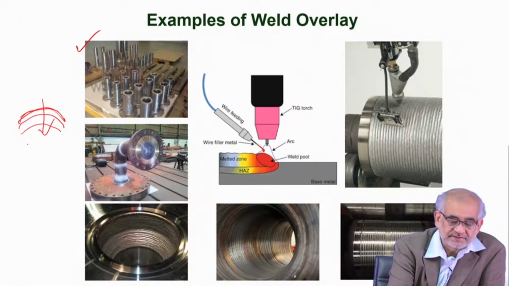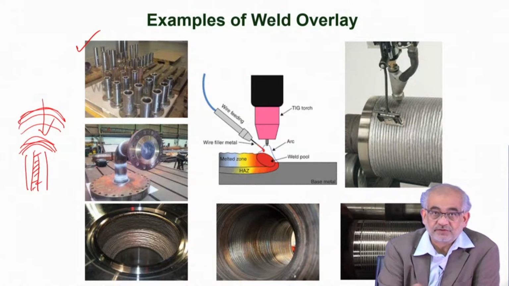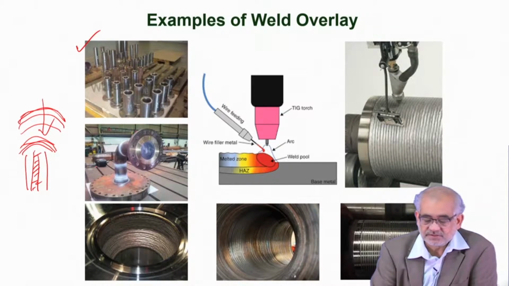So, you would rather do it in such a way that if this is the first layer, the second layer will have a certain amount of overlap. Or in the cross section, it would look like, if this is the first layer, the second layer will start here. So, there will be a certain amount of overlap. But in the process, you get a fairly good uniform thickness and uniformity in composition.